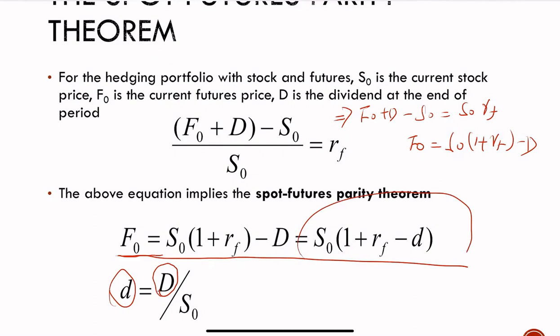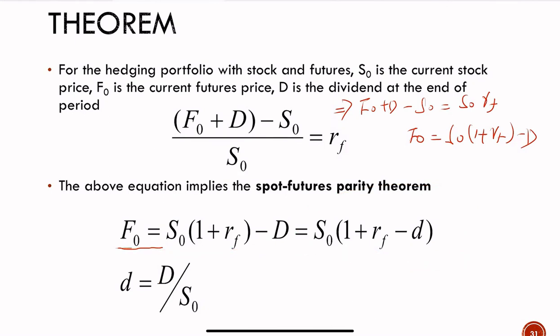Right? As this. So what is this lowercase d here? Well, you can see that this capital D is the dividend at the end of the period or at the end of the year.